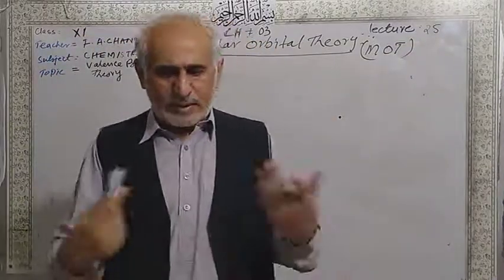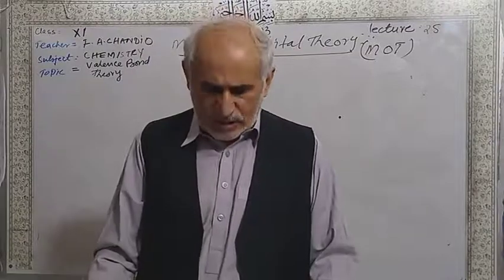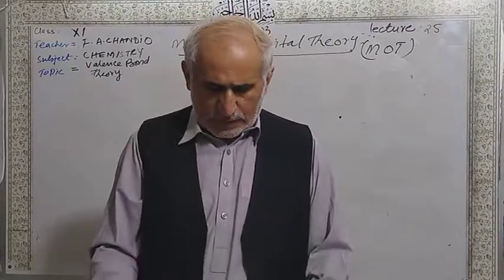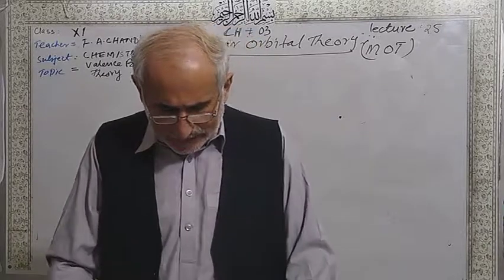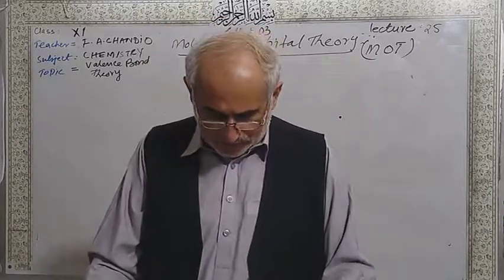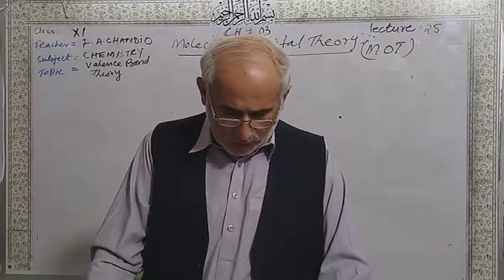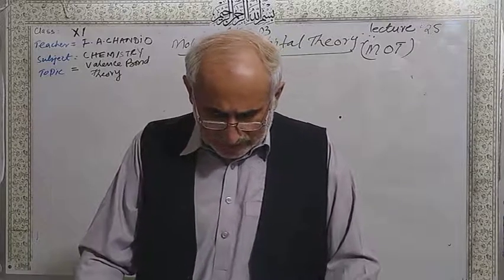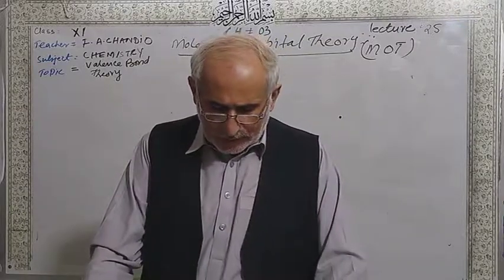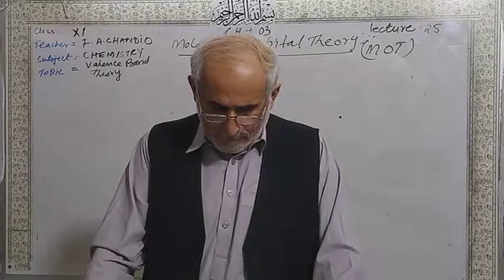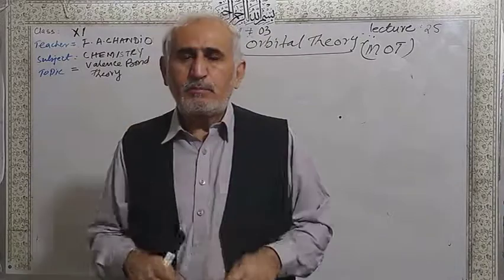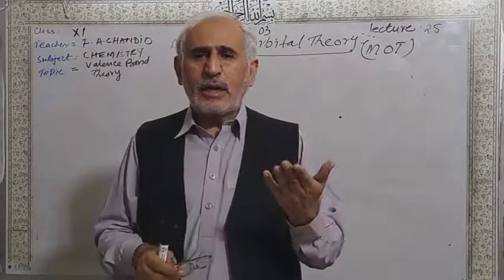I will just give the introduction, then in the next lecture I will explain each and everything for you. The molecular orbital theory was developed in 1927 and 1928 by Hund and Mulliken, and in 1929 by Lennard-Jones.